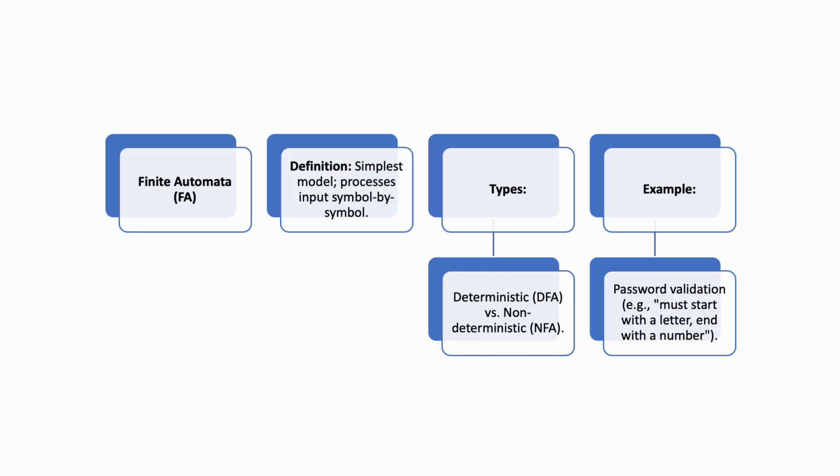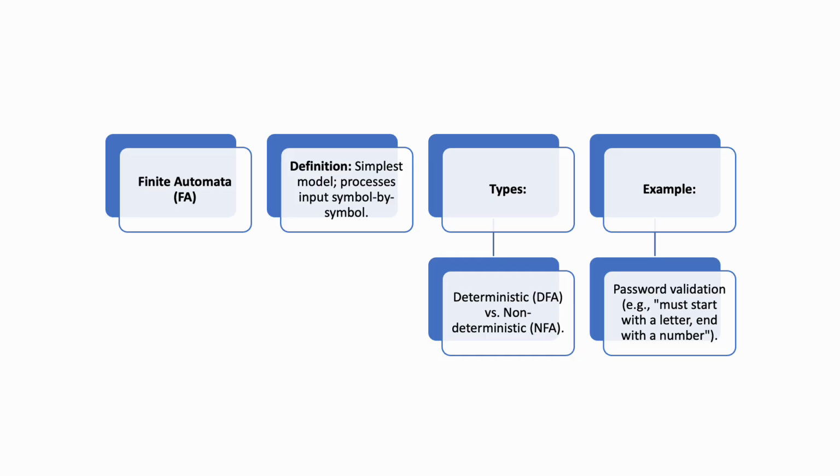A DFA is like a flowchart or a rule book for a machine. It tells the machine exactly what to do at each step based on the input it receives. In this case, the machine is your password validator, and the DFA defines the rules it follows.